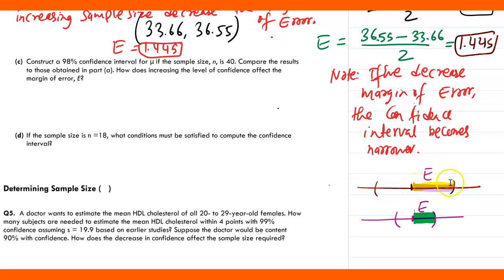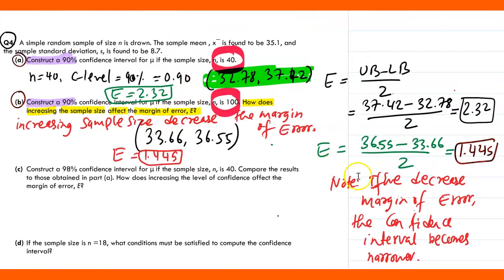This is the confidence interval, and this is the confidence interval. Both center at the same point estimate, but this interval is going to be narrower than this one. Therefore, by decreasing the margin of error, you narrow the confidence interval. That means the confidence interval becomes smaller. You see that, right? That's what we say here.